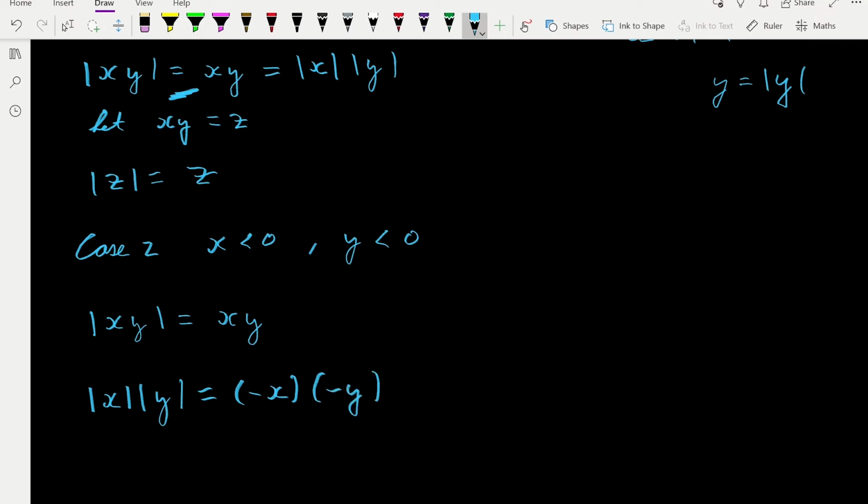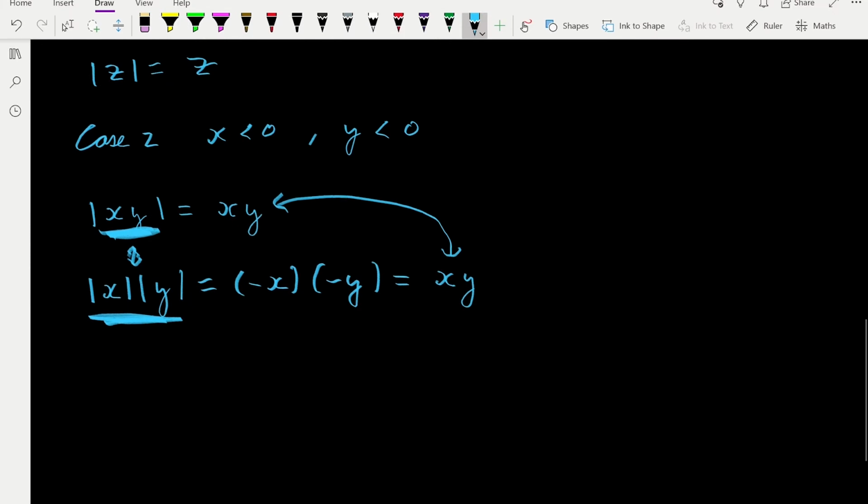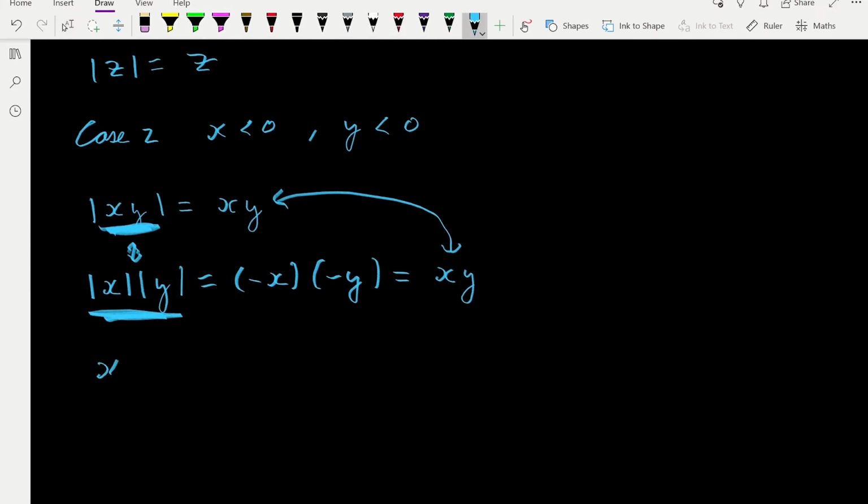Now you're going to have a negative times a negative, so those negative signs will cancel, and you'll just be left with x times y. But notice that's what we got up here. So that means this and this both equal x times y, so these two things must be equal to each other. So we can say that in case 2, the absolute value of x times y just equals the absolute value of x times the absolute value of y, and we've shown what we need to show for case 2.